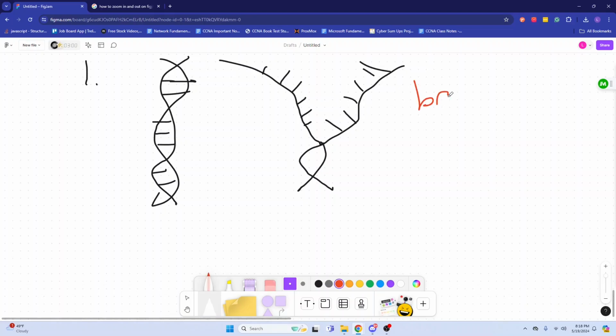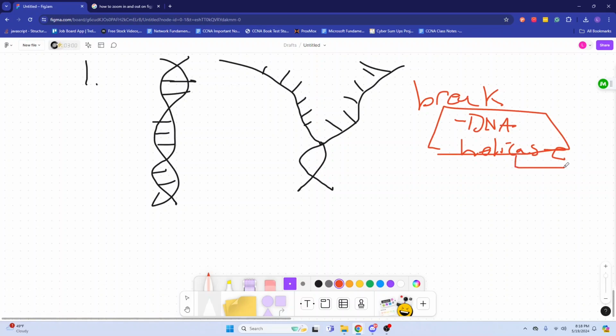To break these apart, this is DNA helicase. This is an enzyme that will break apart DNA. Enzyme, ASE. And this will break apart the DNA strands.